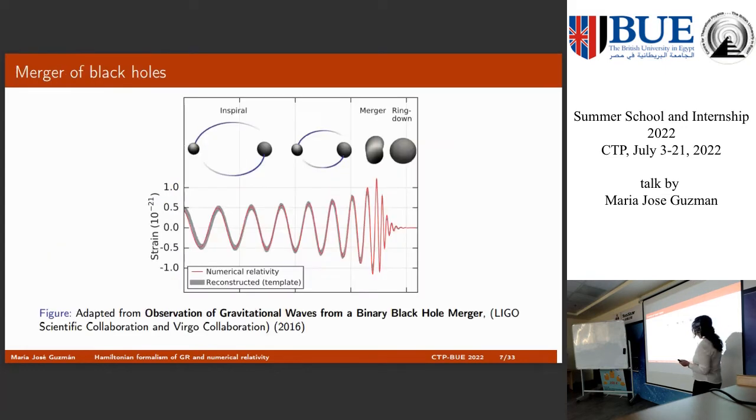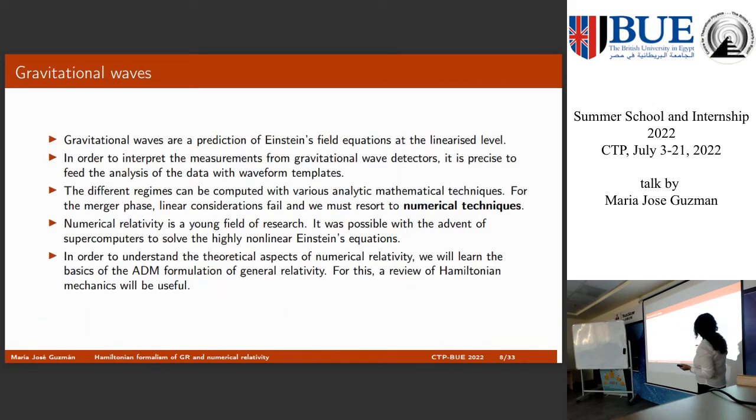Even for the phases that we know how to compute analytically, we still need to corroborate them with numerical relativity. And the agreement is very good, except in this phase of the merger. This is a very young field of research.